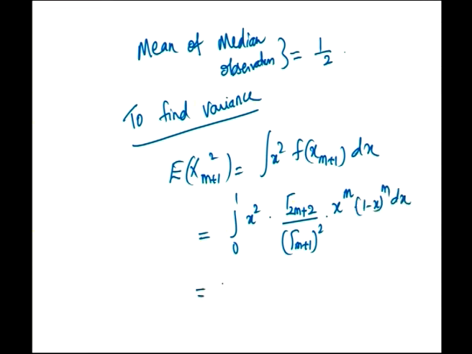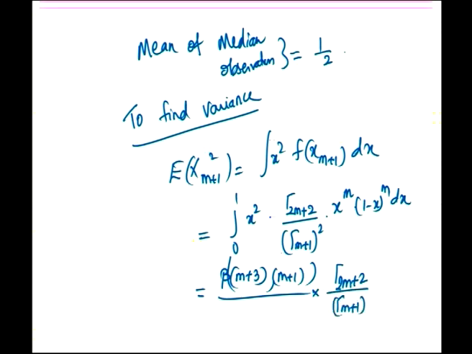Continuing in the same fashion, we will end up with this format, beta of m plus 3 comma m plus 1 into gamma 2m plus 2 by gamma m plus 1 whole square.